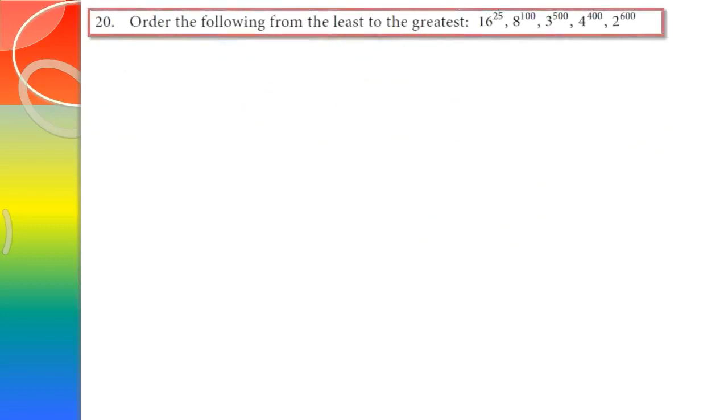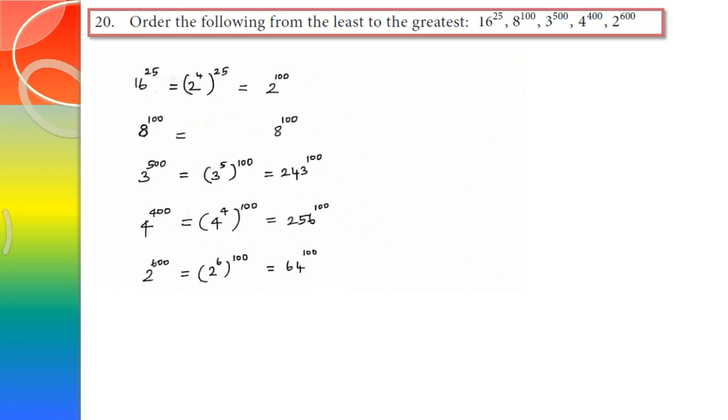Next, question number 20. Order the following from the least to the greatest, that is ascending order: 16 power 25, 8 power 100, 3 power 500, 4 power 400, 2 power 600.